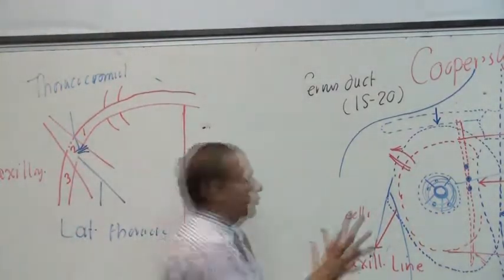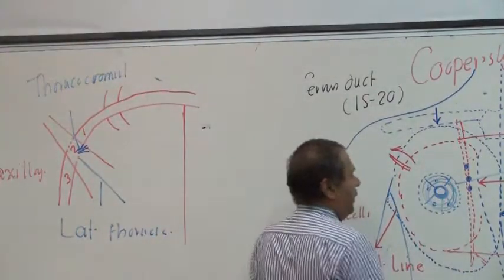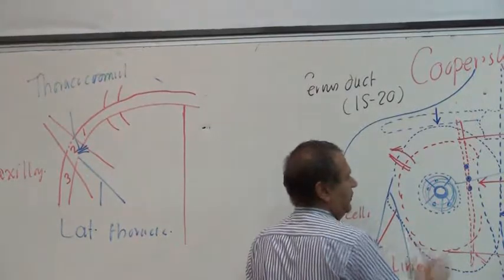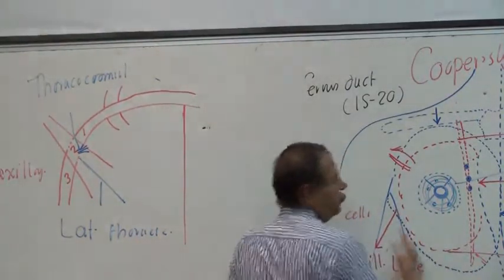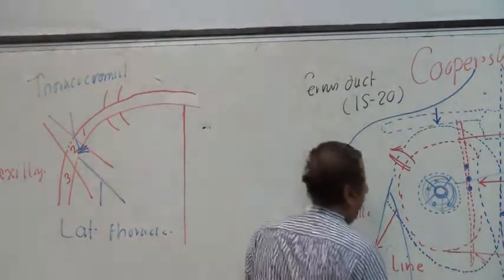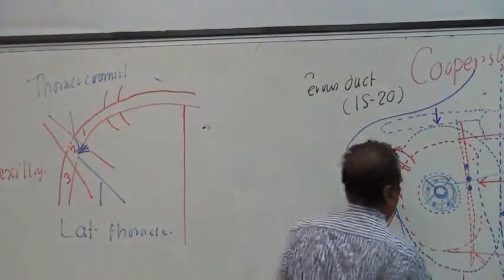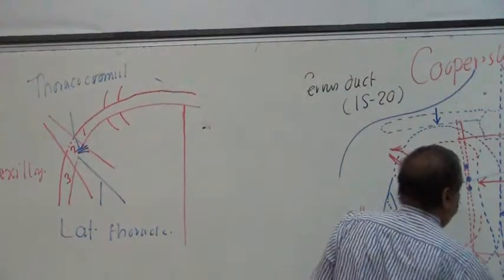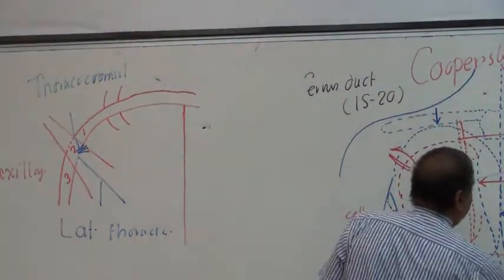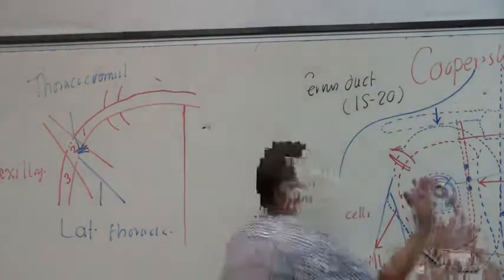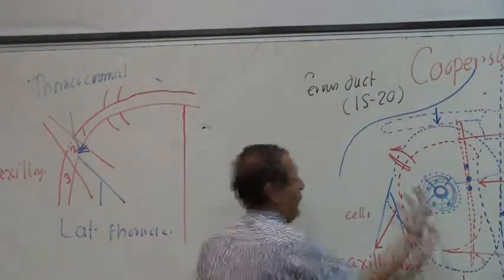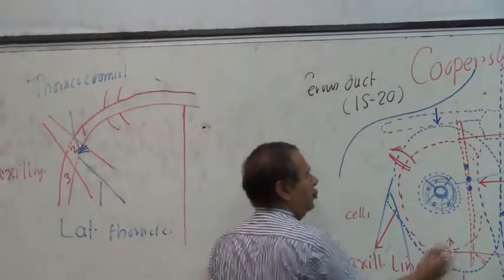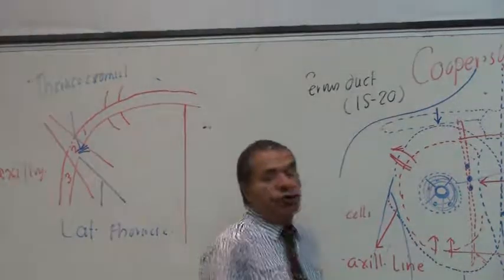Also the breast lies on the anterior chest wall. The anterior and posterior intercostal arteries supply the breast. The intercostal arteries, the anterior and posterior intercostal artery, give the perforating branch that perforates the intercostal space to reach the breast tissue.